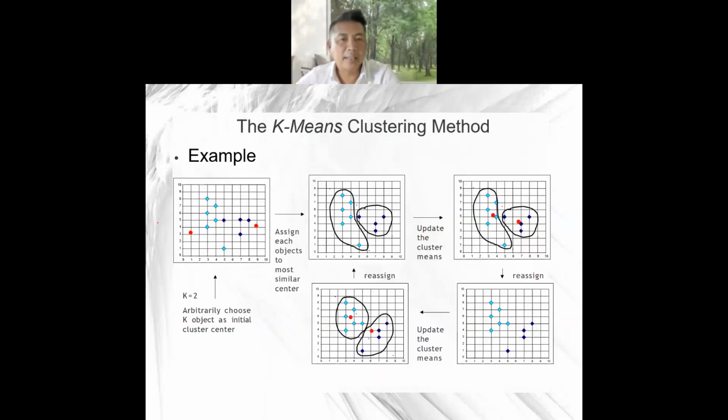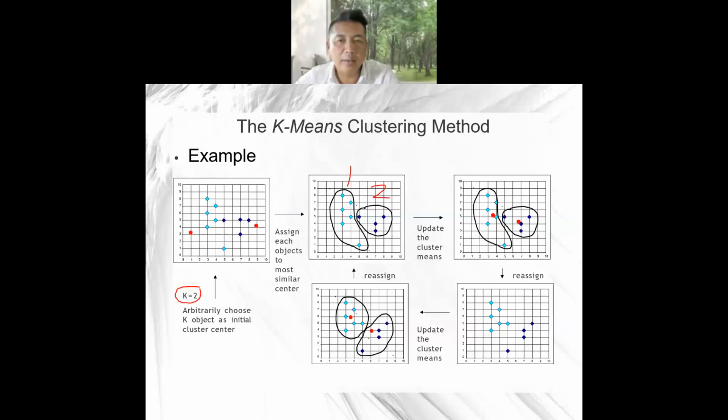So for example, like this, if we have k equal to 2, the red ones are randomly picked. So we have this cluster, 1 and 2. Once we get these clusters, we have to update to the new center.